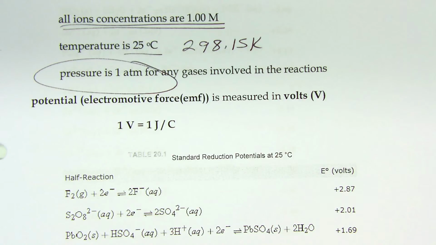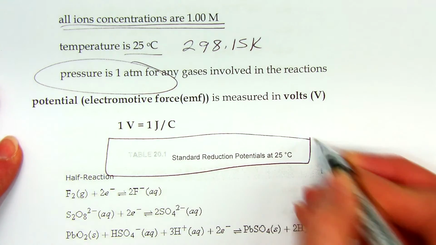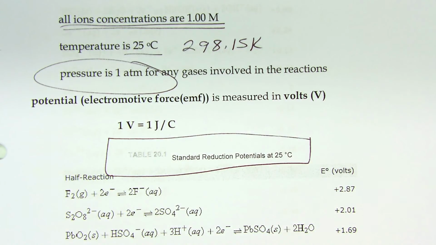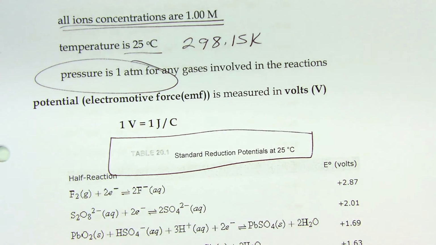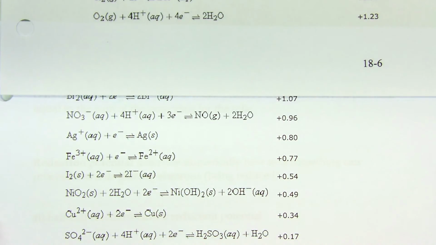So when you look at this tabulated data, you'll see that this says standard reduction potentials. So everything in this chart is written as a reduction. And we have randomly decided that the hydrogen electrode is the standard, and we compare everything to hydrogen.